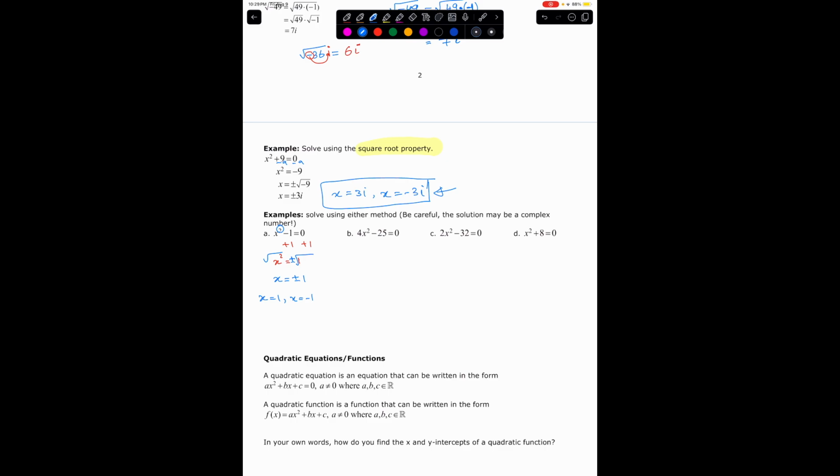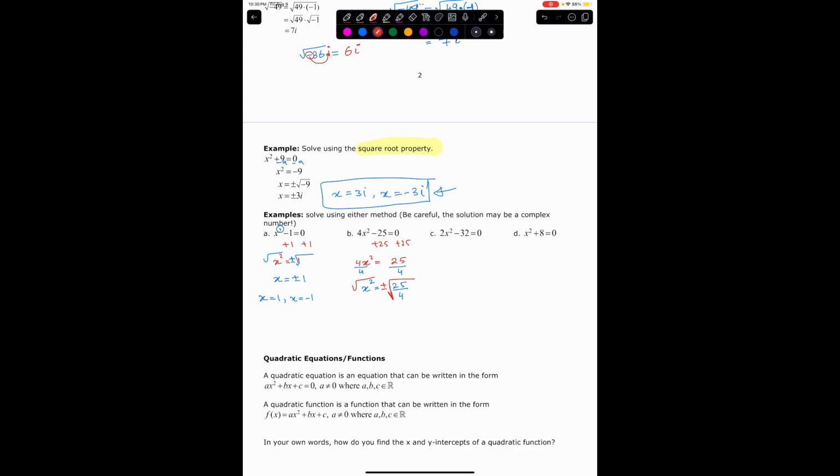B. Again, I can use the square root property. I'm going to add 25 to both sides of the equation. We will have 4x squared equals 25. Now, before I take the square root of both sides of the equation, I'm going to divide by 4. So I will have x squared equals 25 over 4. Now I'm going to take the square root, positive, negative, square root of both numerator and denominator.